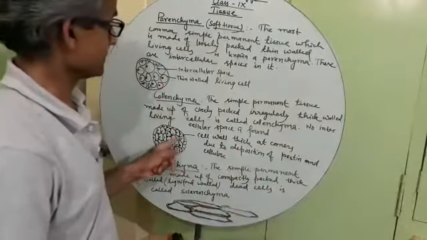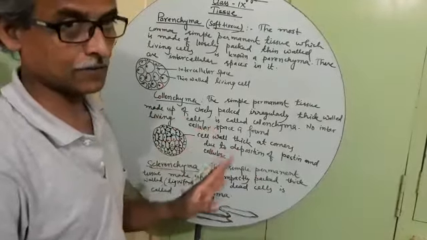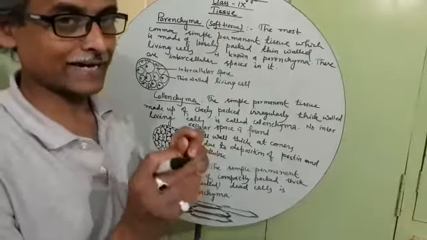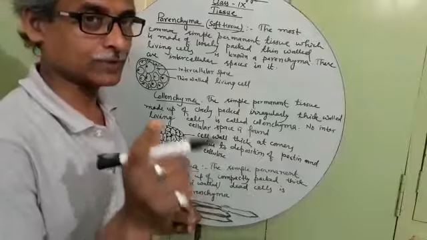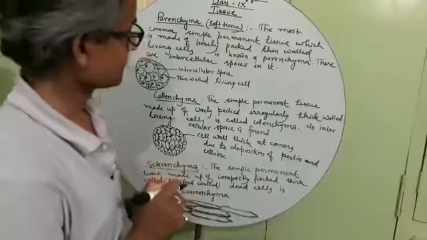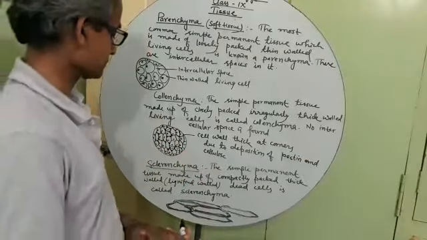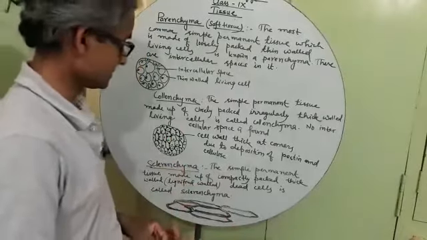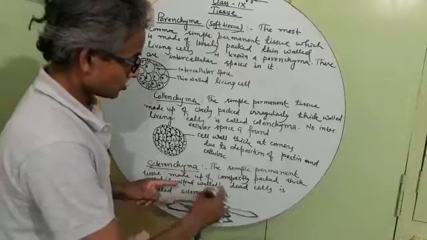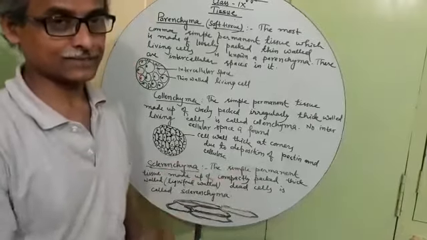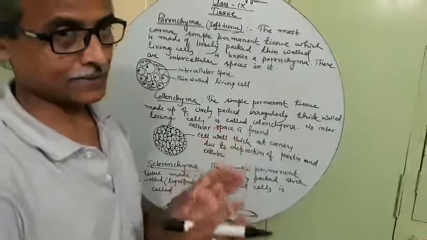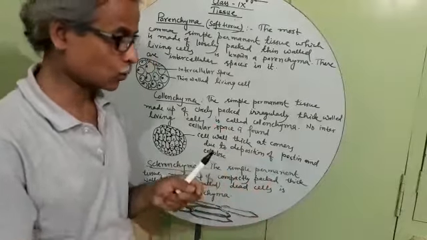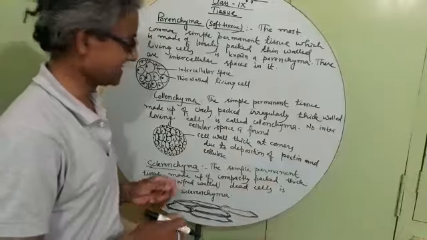So here intercellular space is not found and cell wall is found thick at corners due to deposition of pectin and cellulose. But in case of a sclerenchyma, the whole cell wall is thick, and it is thick because there is a coat of lignin.